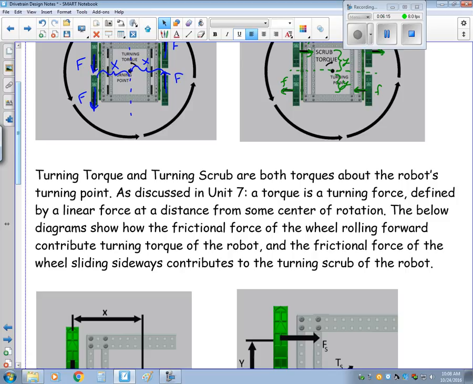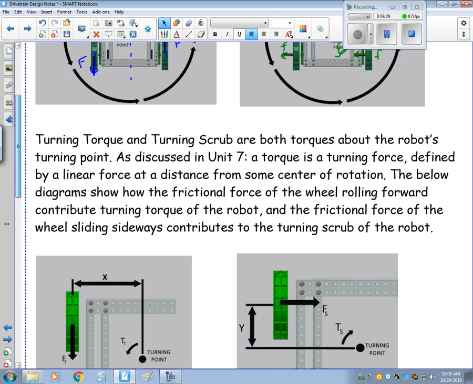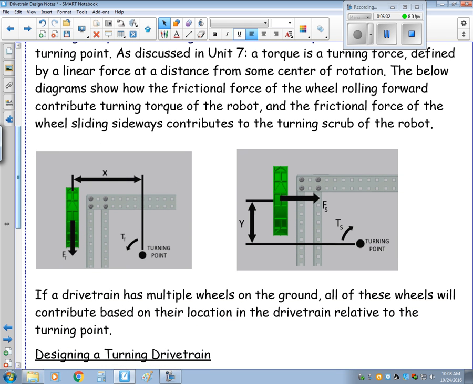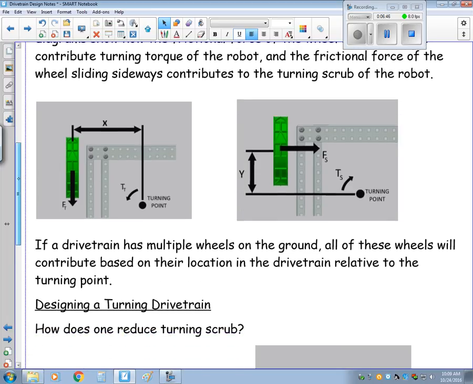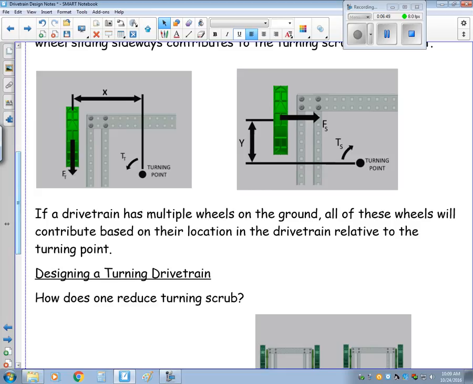Something that was discussed earlier: a torque is a turning force, a linear force times a distance, and that force and distance must be perpendicular. In these diagrams down below, they're just blown up copies using x and y again. We can calculate the turning torque and the turning scrub for each individual wheel. We would then multiply that number by 4 because there are 4 wheels. If I had 6 wheels, I would multiply that by 6. So the more wheels you have, the more turning torque you have, but also the more turning scrub you have.